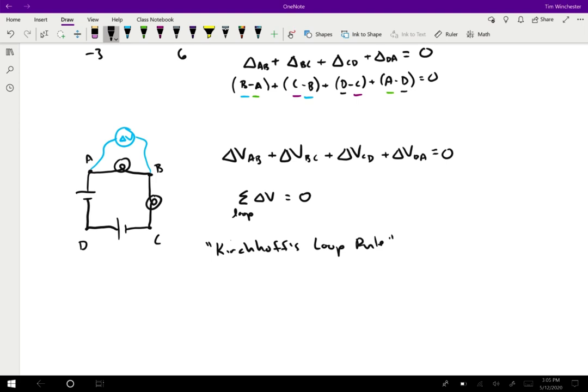This is Kirchhoff's loop rule. Those are the only two rules, and you'll be able to solve lots of very complicated circuits by just using those two rules. They're always true. Sometimes they are more useful than others, but our basic approach to solving electric circuits is really going to rely on those two rules.